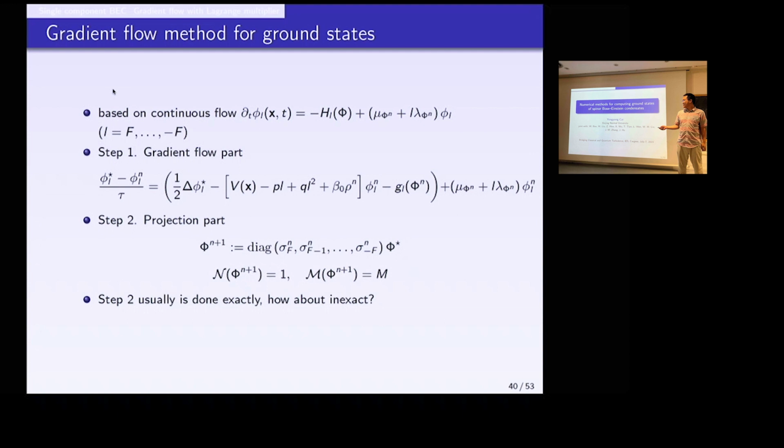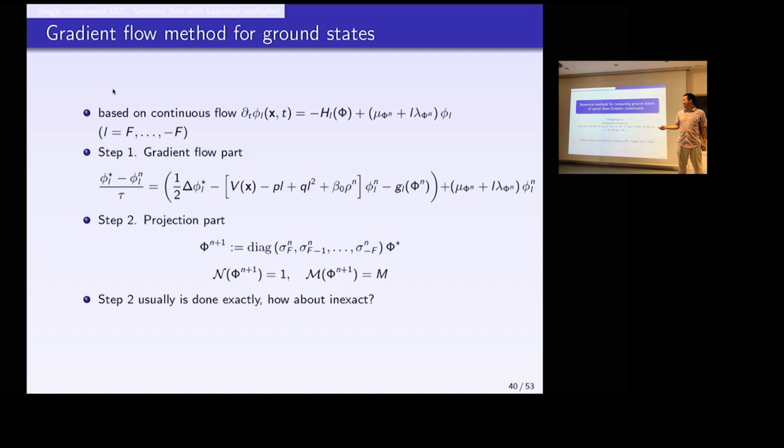The basic idea is that the continuous flow will lead us to the correct ground state of the problem. Somehow when we do discretization, it will deviate from the solution manifold of this equation. Of course you can always project the solution back exactly onto the solution manifold.